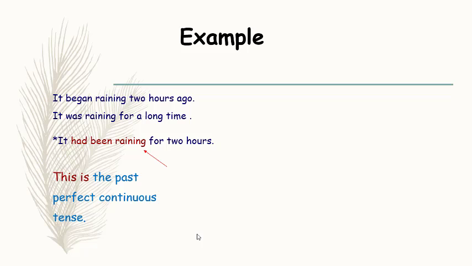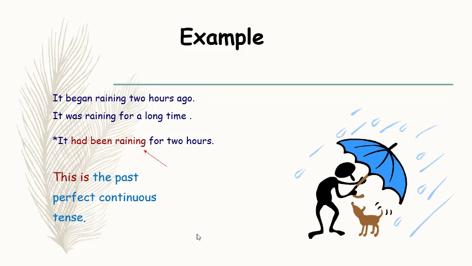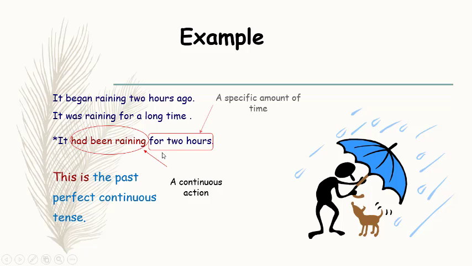Let's read more examples. It began raining 2 hours ago. It was raining for a long time. So it had been raining for 2 hours. Here we use past perfect continuous. Here, had been raining is a continuous action, right? And for 2 hours, we call it a specific amount of time.